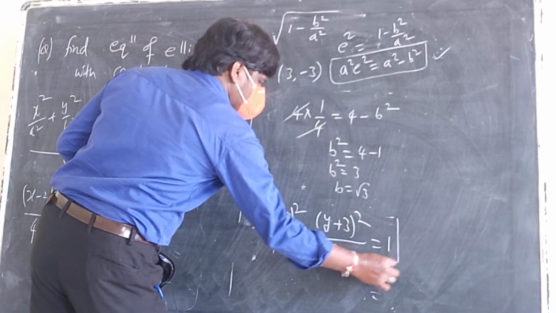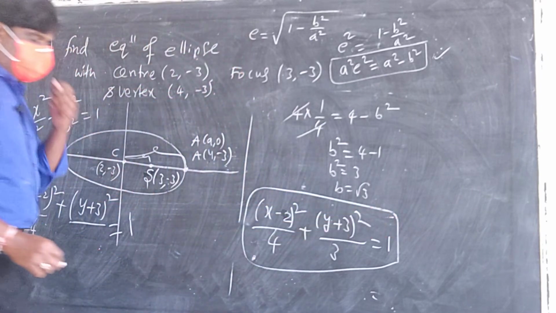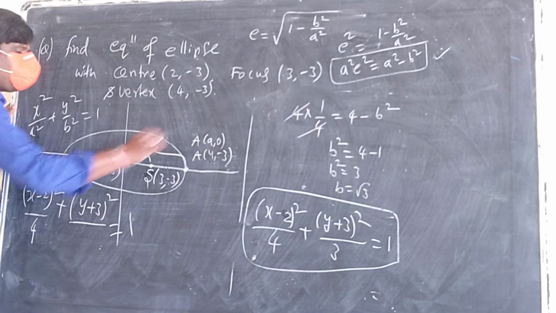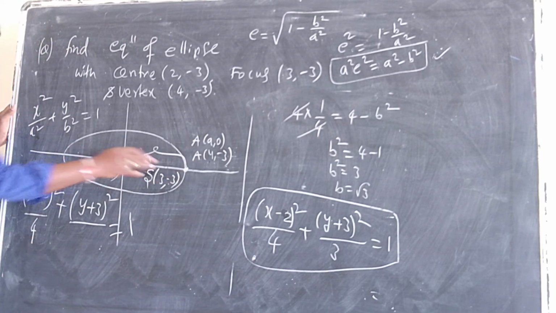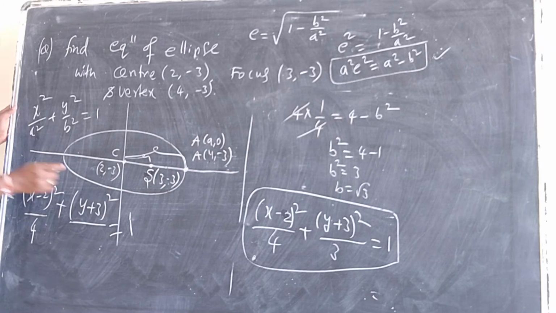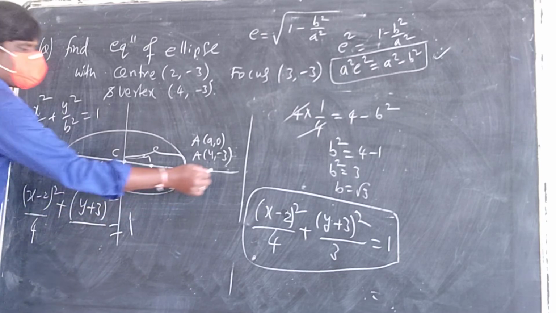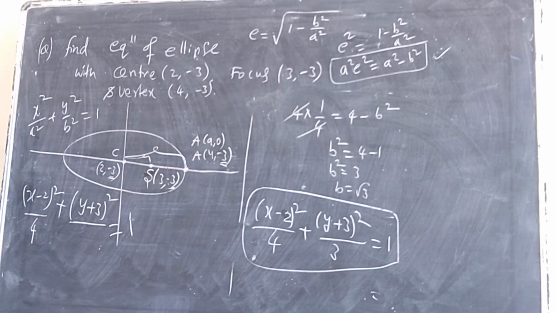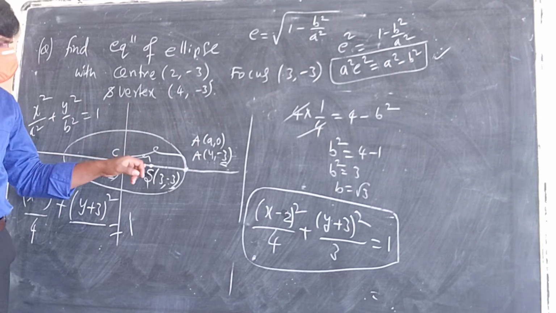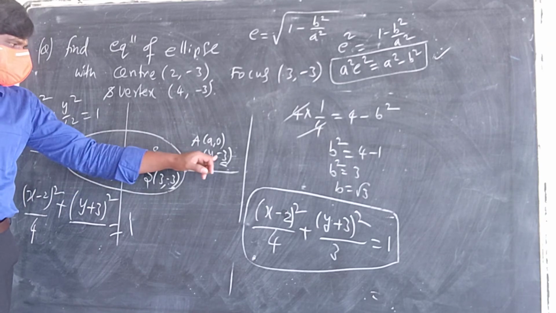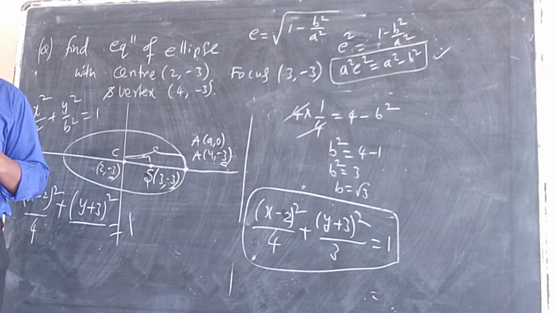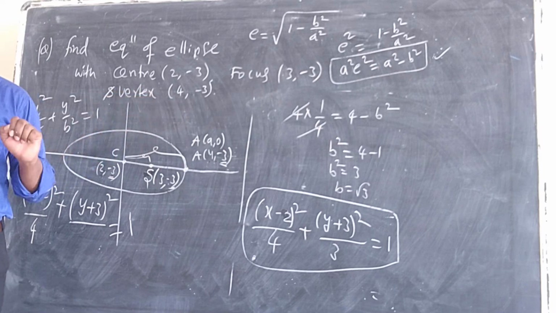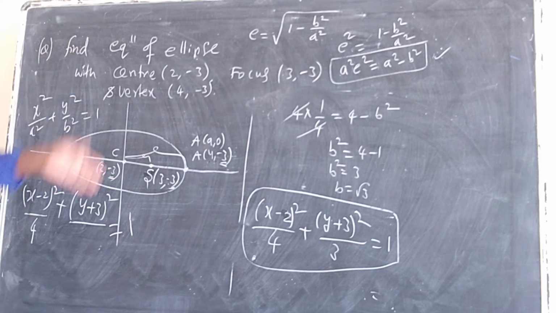This is the required equation, but some students will have a doubt: sir, how did you consider it a horizontal ellipse? If you had considered a vertical ellipse, then the answer would be reversed. So how you consider it: you can see that the center, focus and this vertex have the same y coordinate. So if the y coordinate is the same, it is horizontal; if the x coordinate is the same, it is vertical.